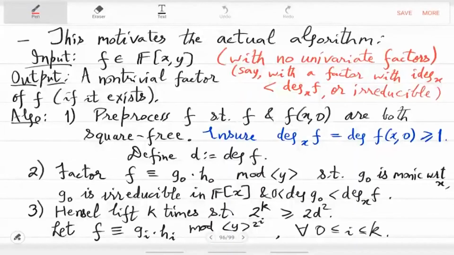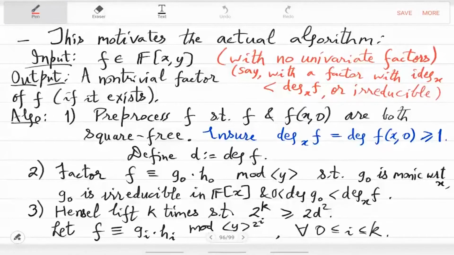Otherwise, mod y, there will be factorization, there will be factors and they will be co-prime because f is square free mod y. So G0 and H0 are both non-trivial factors mod y, right? So this is a situation where you can Hensel lift. So you will Hensel lift k times to reach y degree 2 raised to k at least 2d square.